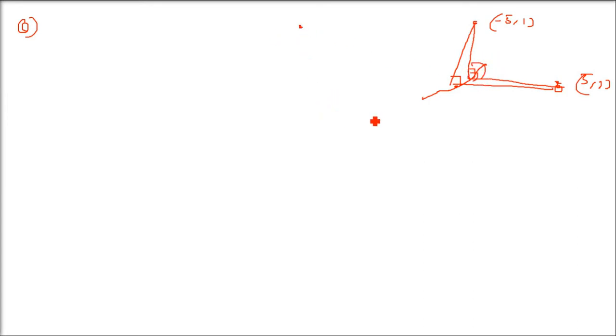So let us take a proper structure here. This angle is 90 degrees. One point is minus 5, 1 and the other is 3, 2. We have to find the locus of the point which always makes this 90 degrees. Let us assume that this point is h comma k.